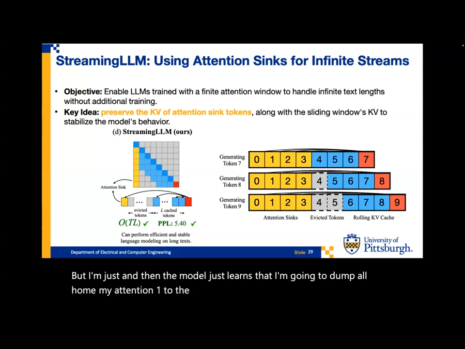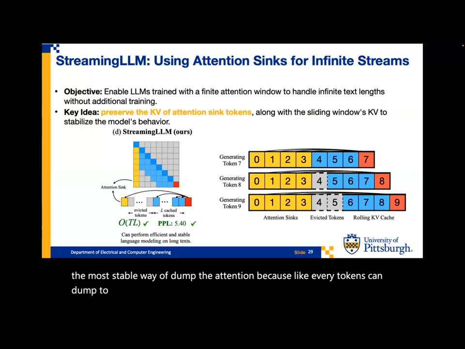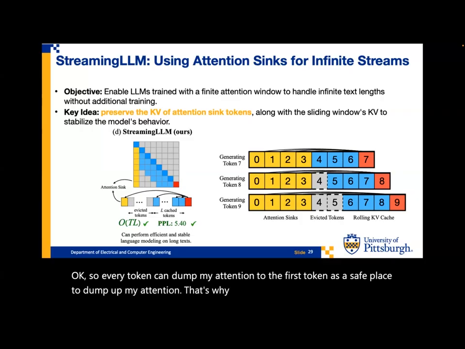This is also going to be the most stable way of dumping the attention, because every token sees that token. So every token can dump its attention on the first token as a safe place to dump it. That's why we call this an attention sink. Does that make sense?